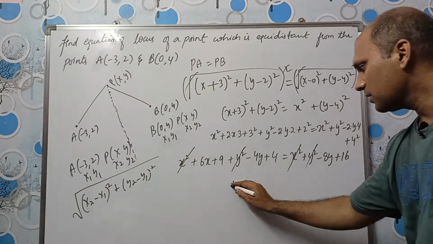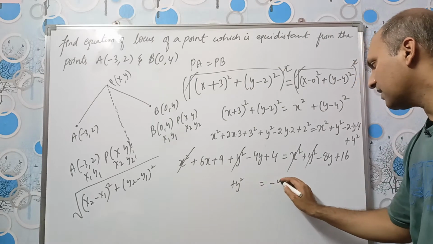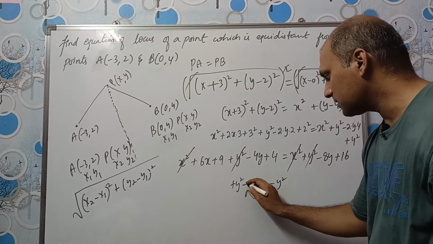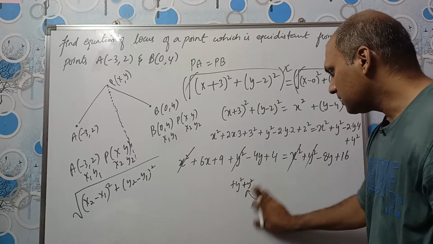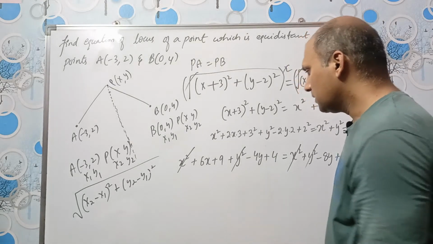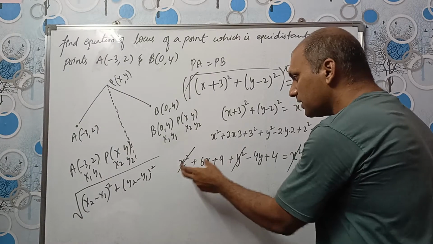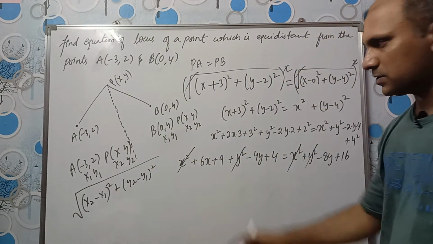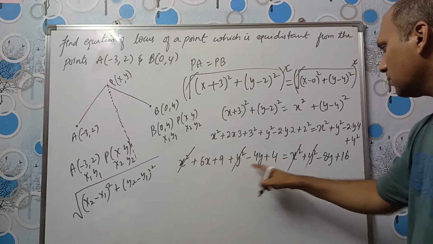Some students, if we have it like this, they will cancel this. Don't do that, because if this y square goes to the other side, it becomes plus, so it will become 2y square. If you have the same quantities with the same signs on either side of the equal to, you can cancel them. So that's why we cancelled x square and x square, y square and y square.